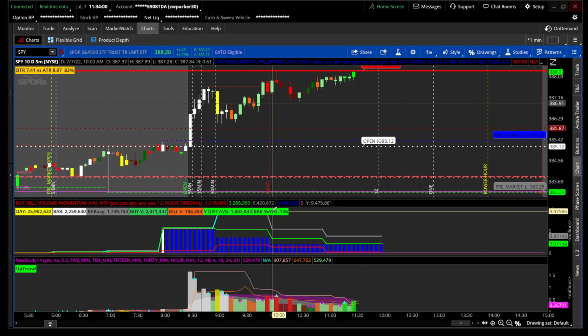And the opposite is the selling, which is high minus close divided by high minus low times volume, and that gives you the selling pressure on that candle. It's not exactly accurate, but it helps you identify pressure.